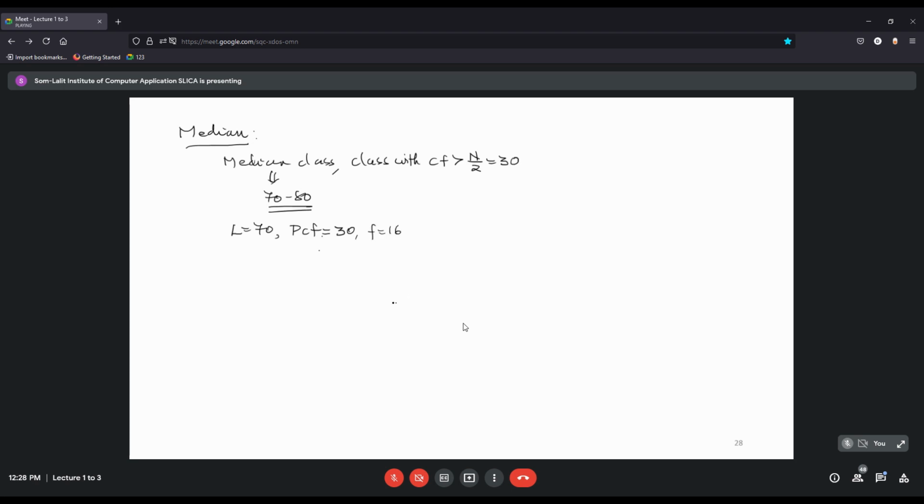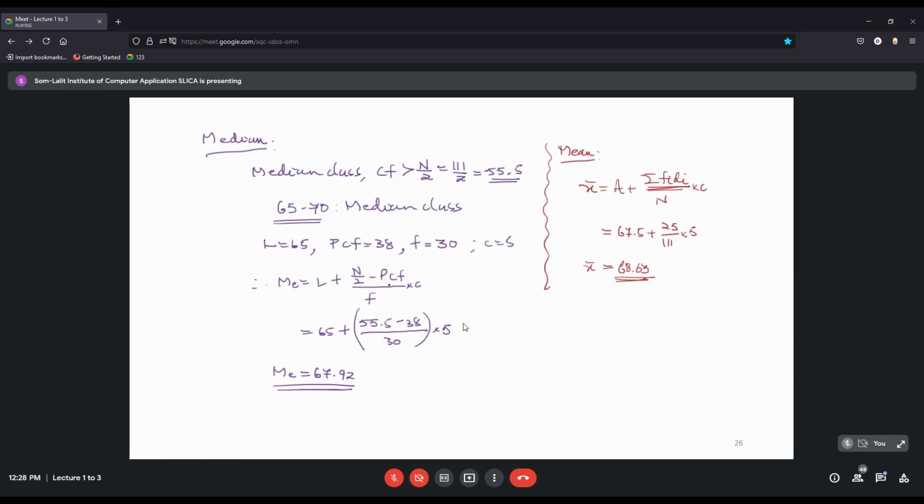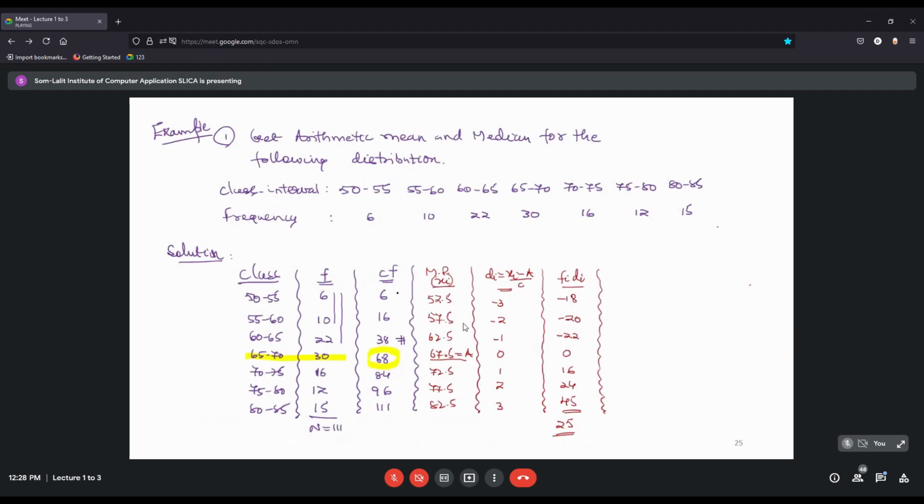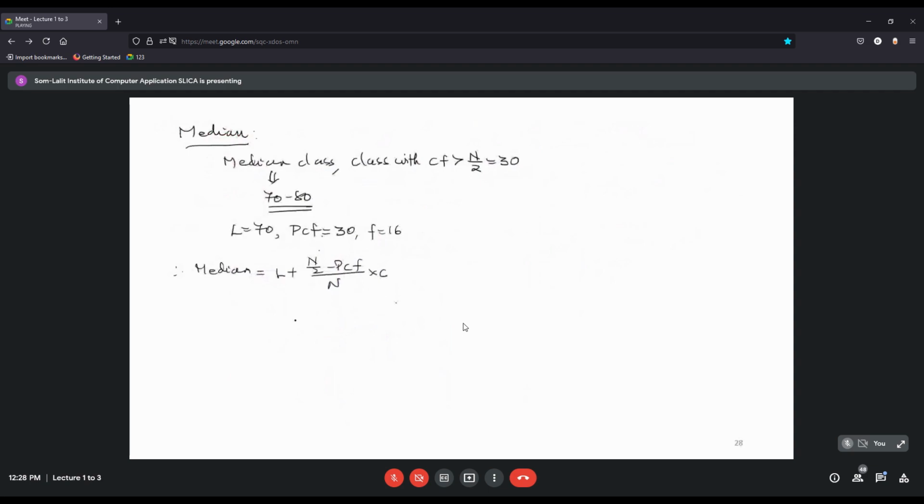Okay, what else do you need to put in? So we use the formula for the median. So median, that's given as L plus n by 2 minus PCF upon F into class width. That's the formula we did. Right? This one we know, as I have stated here. Okay. So here, what is L?